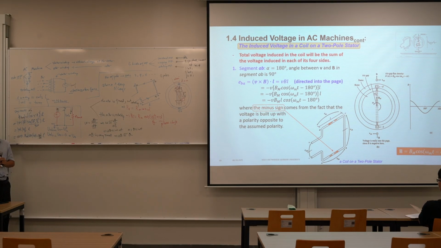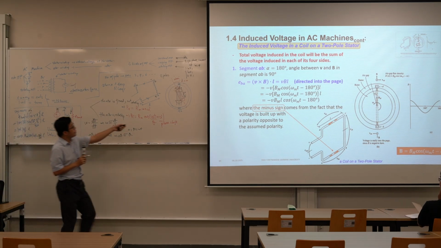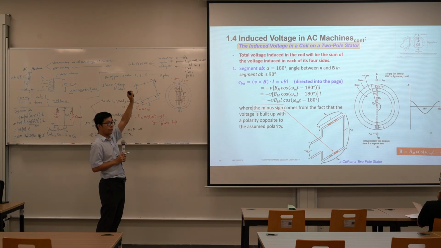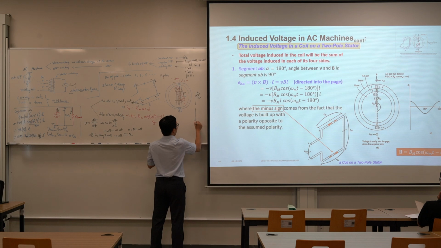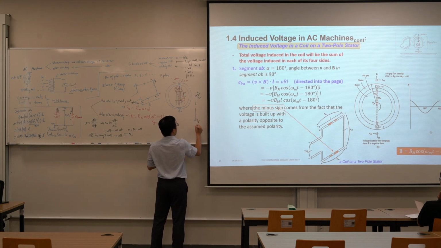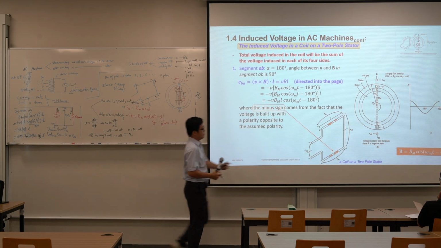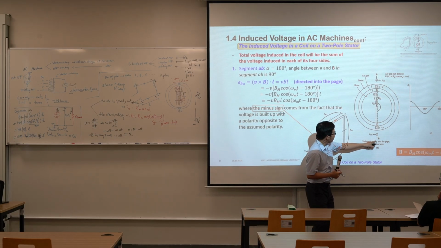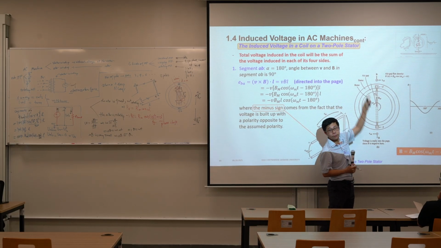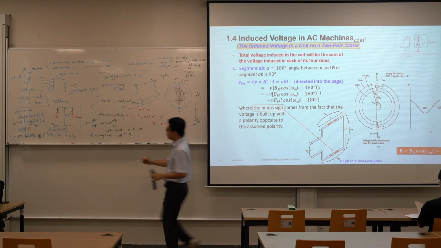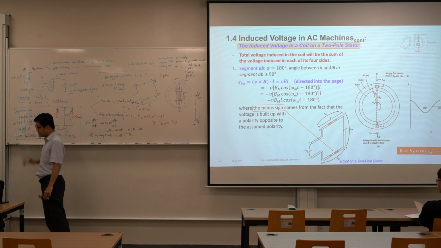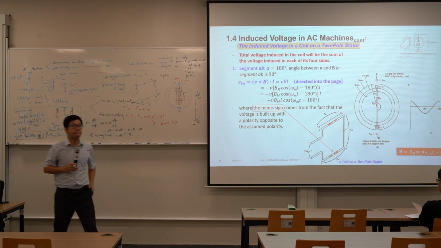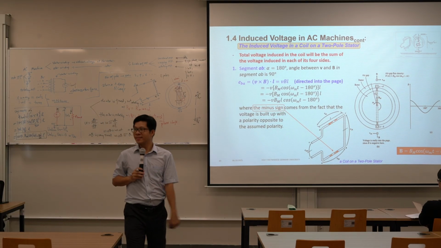Is it clear? If B is going up, you get positive. If BR is going down, you get negative. This one is opposite to this one. So that is the reason we have minus here. Is it clear?